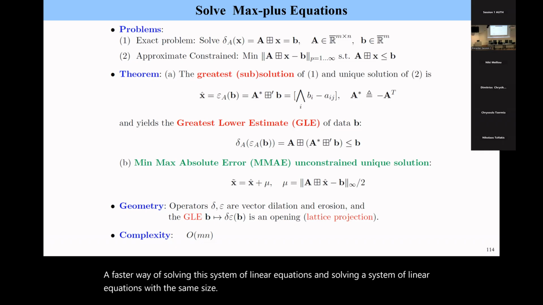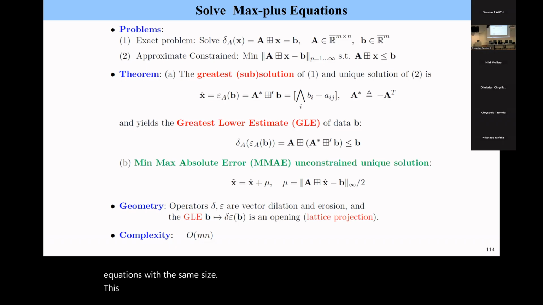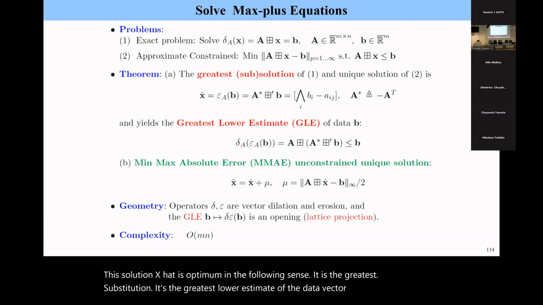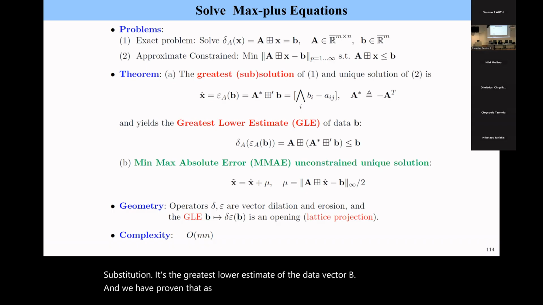This solution x hat is optimum in the following sense. It is the greatest sub-solution. It's the greatest lower estimate of the data vector b. And we have proven that, as we explained in the first part of this tutorial, by using the concept of adjunction.